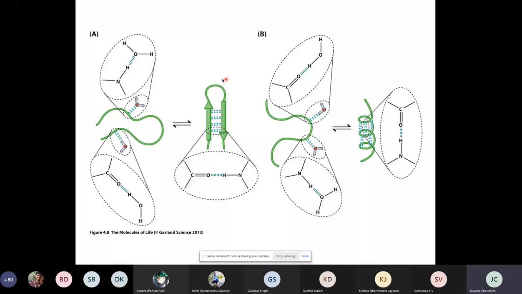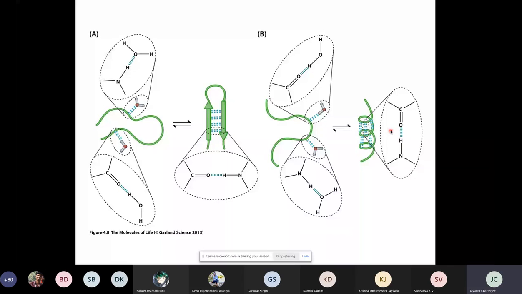Now, there is certainly a contribution of these intramolecular hydrogen bonds to the stability, but experimentally you can also show that these intramolecular hydrogen bonds are not the predominant things that actually enforce the folding. In the same way, if this polypeptide folds into an alpha helix, what will happen?